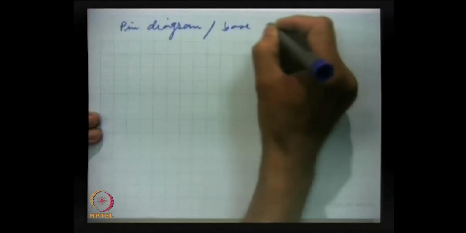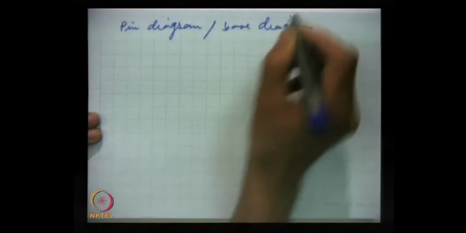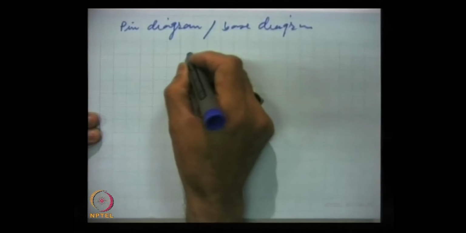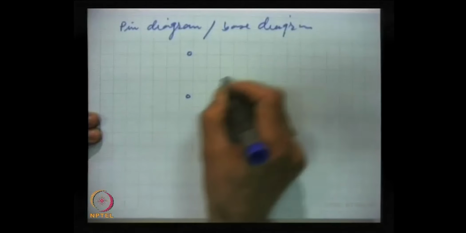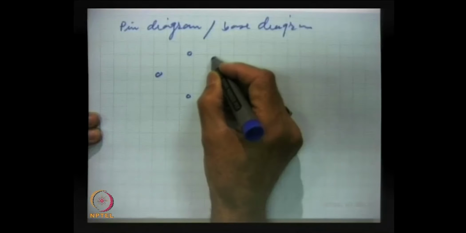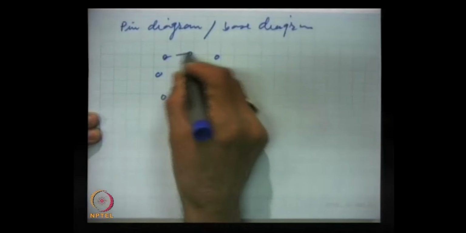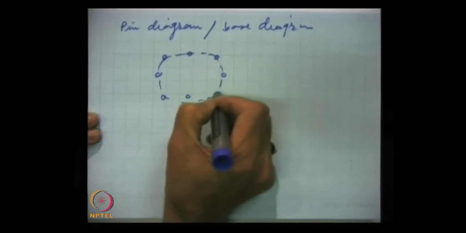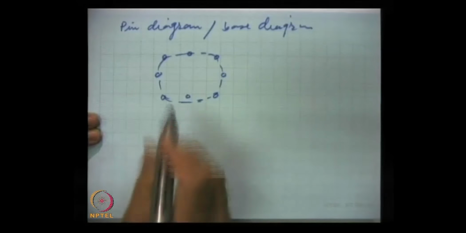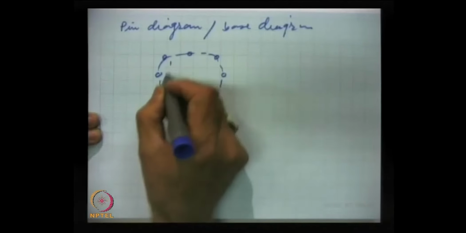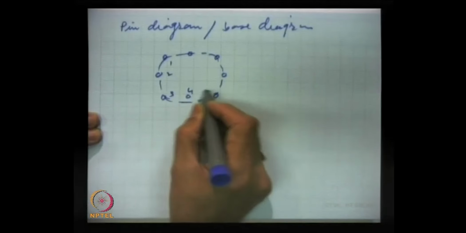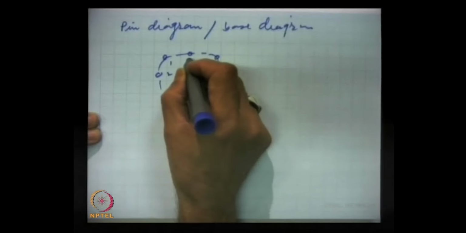The base diagram, the pin diagram, is like this. These are 8 pins: 1, 2, 3, 4, 5, 6, 7, 8.